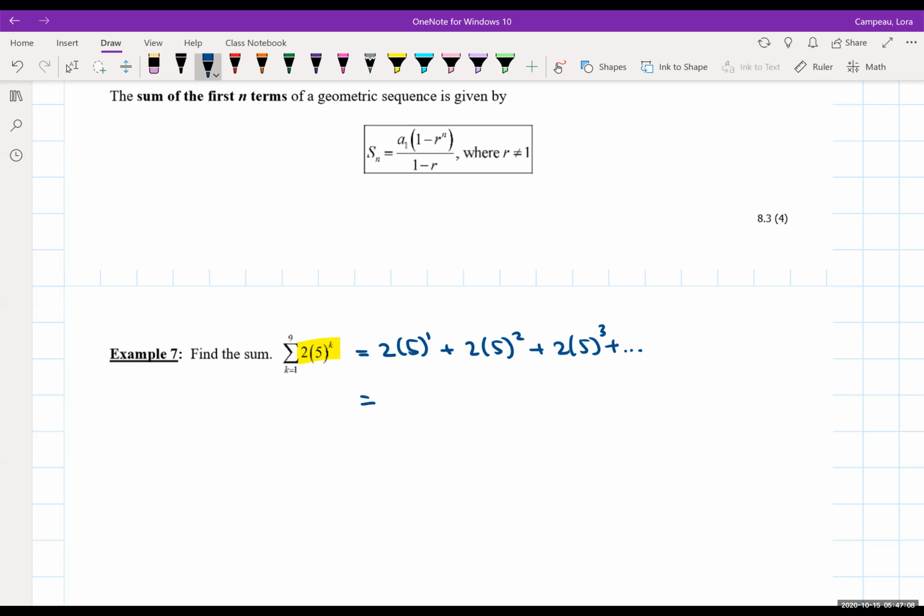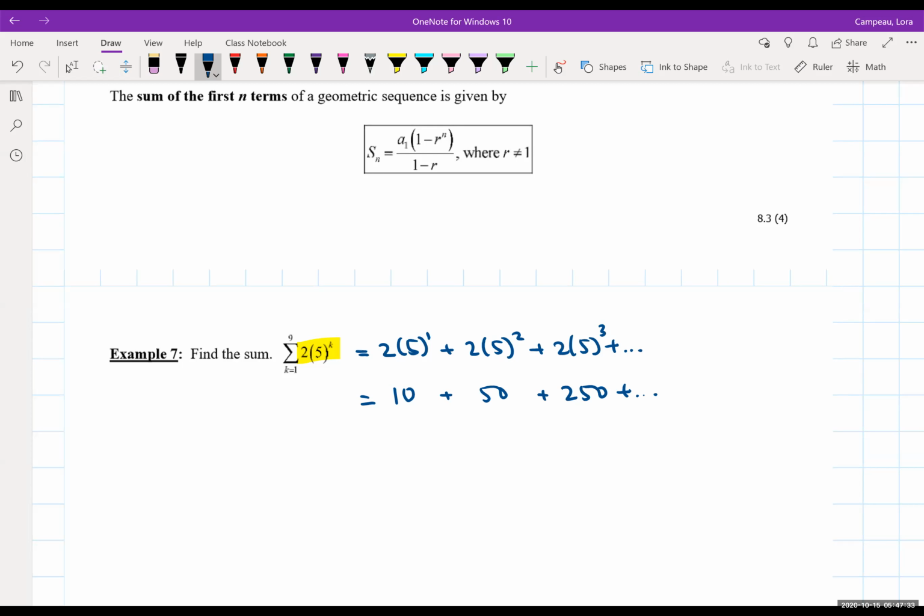So 2 times 5 is 10. 5 squared is 25, and 2 times 25 is 50. 5 to the third is 125, and 125 times 2 is 250. I'm using my calculator, by the way. I'm not a human calculator.